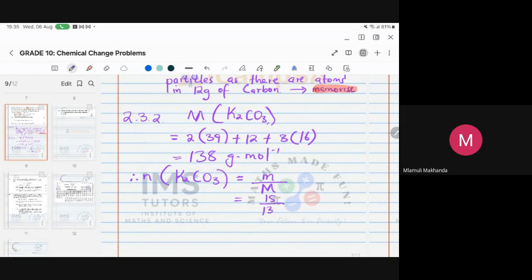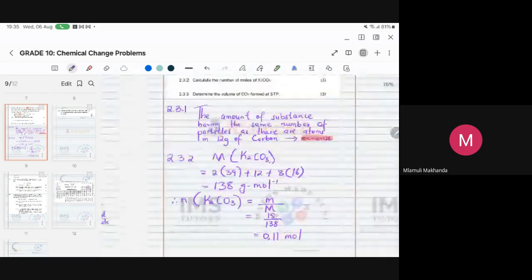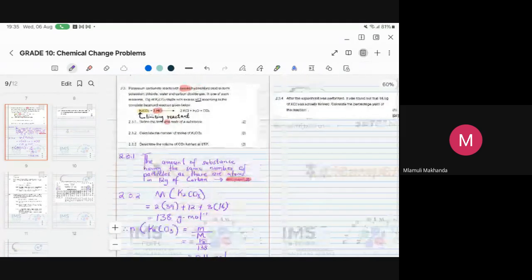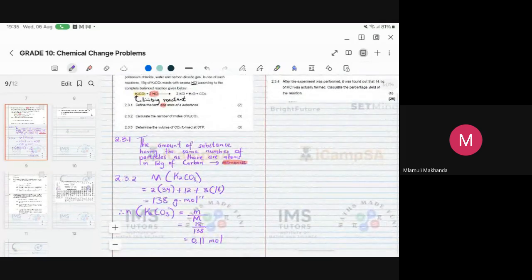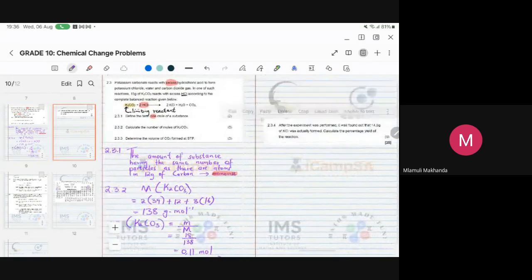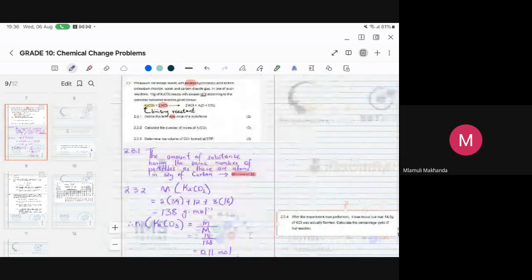And then 138, 15 divided by 138 is about 0.11. Remember, if you had to go further with the calculation, you'd have to use 4 decimals. Right, but since we're just required to do one step, we can leave it here at 2 decimals. Final answers are always in 2 decimals. Never forget that. Okay, good.